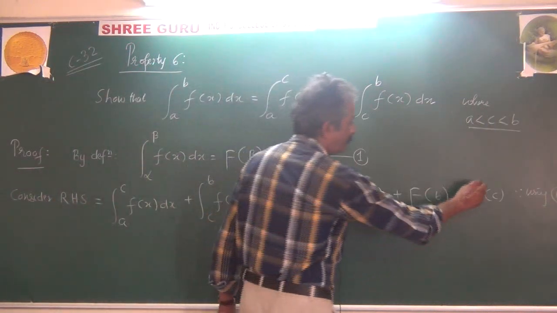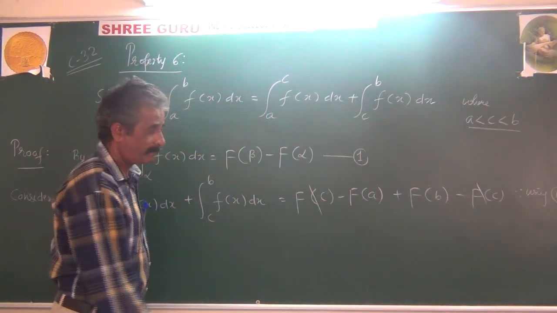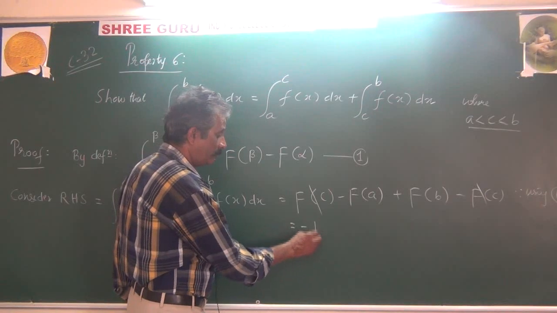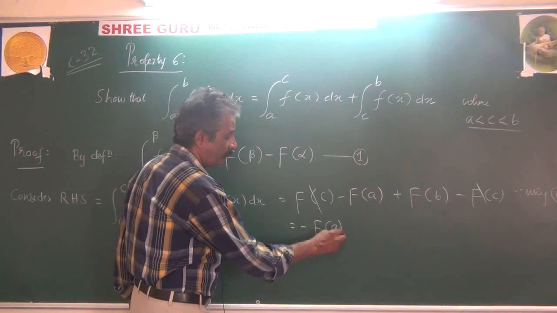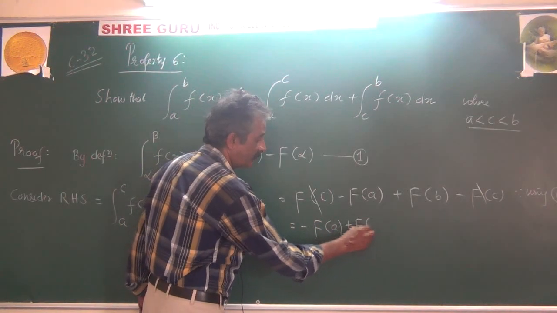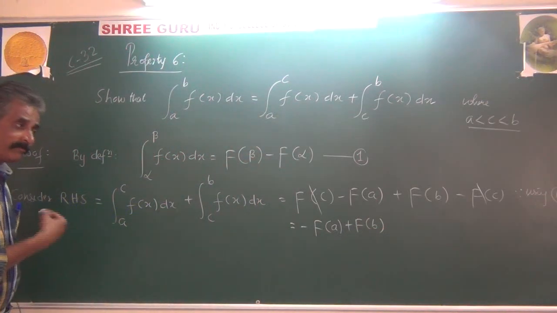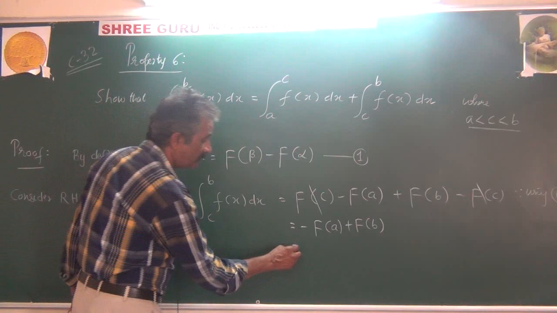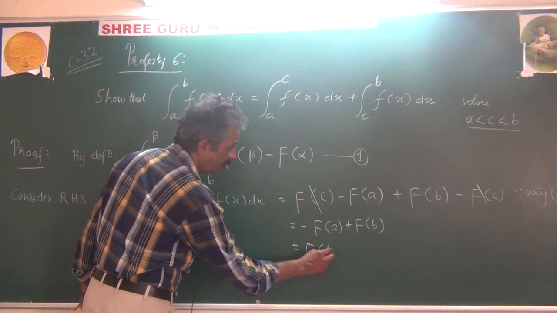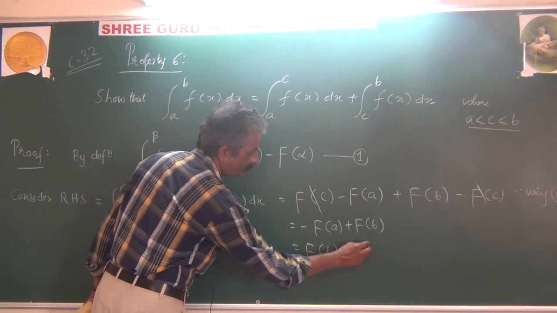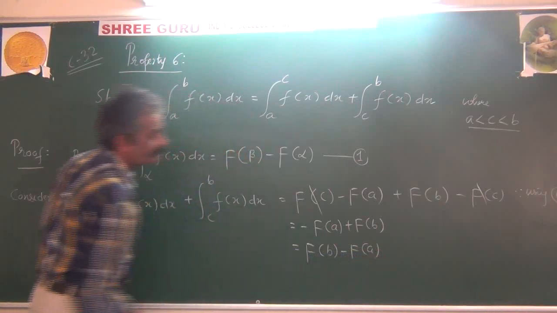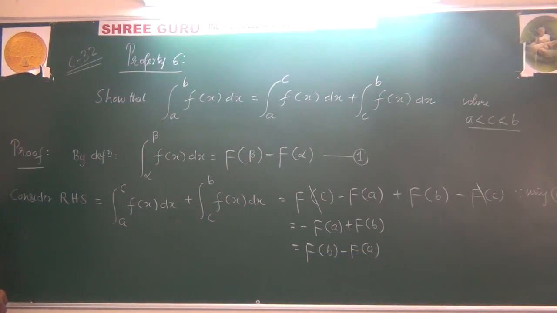F of c minus F of c will cancel out. That is equal to minus F of a plus F of b, or it is equally the same as F of b minus F of a. And what is F of b minus F of a?